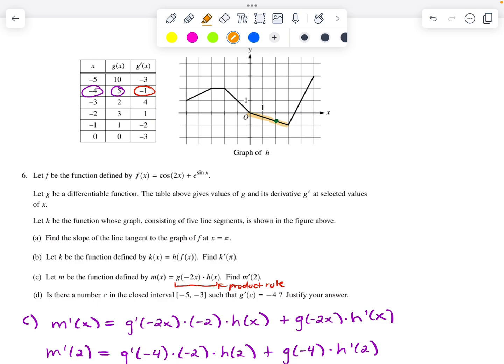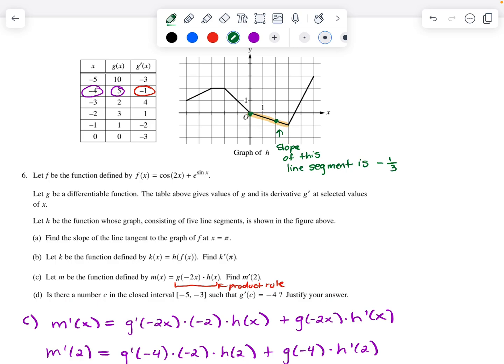If I write the equation of that line, then I should be able to use that equation to find the y value at that point, right? So we know that the slope of this line segment is negative 1/3, because we answered this already.